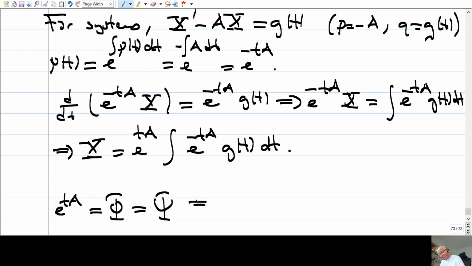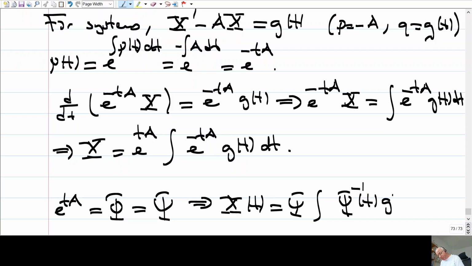So if I plug this into this formula, I would get x(t) equals the fundamental matrix times e to the power minus tA, which is the inverse of the fundamental matrix, times g(t) dt.